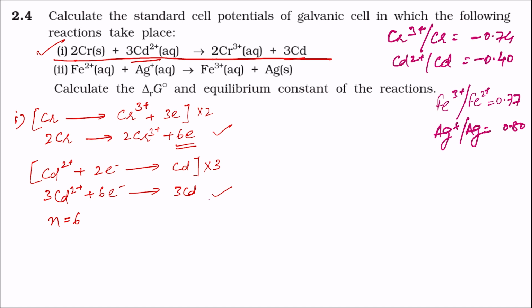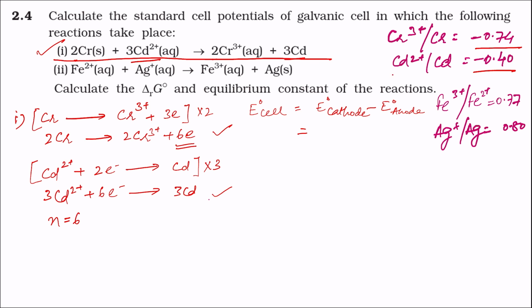Now reduction potential of chromium is minus 0.74 and reduction potential of cadmium is minus 0.40. So E naught cell is equal to E naught cathode minus E naught anode. Here the one with higher value of reduction potential will act as cathode.